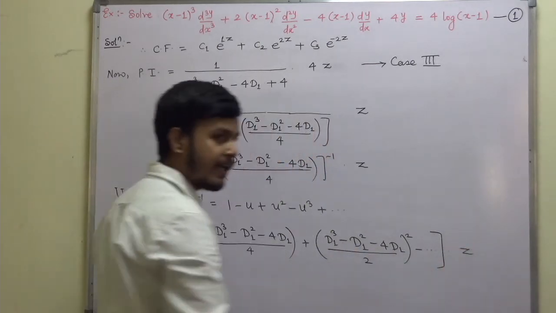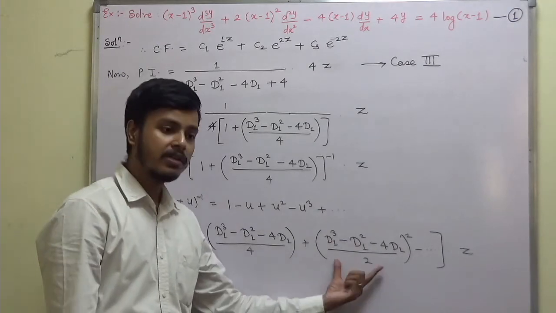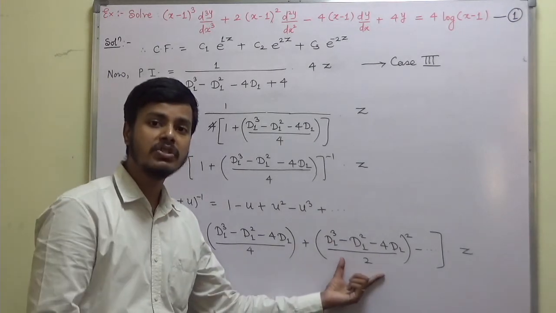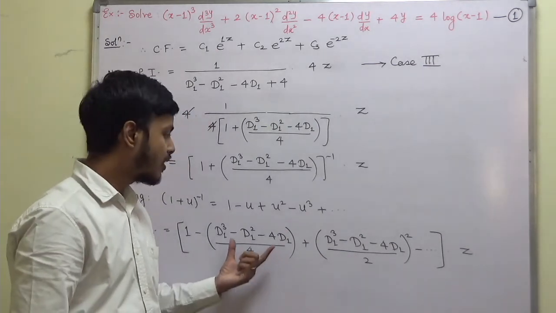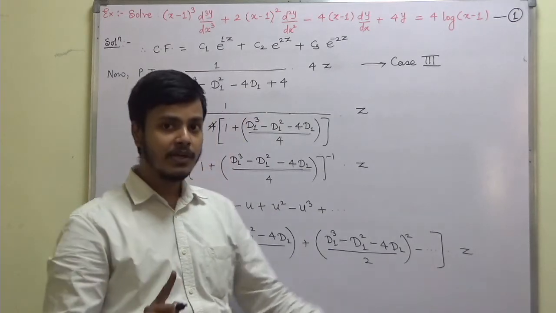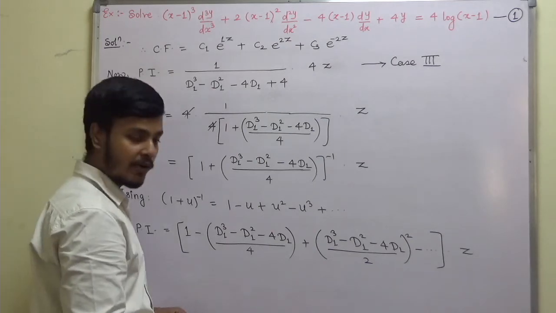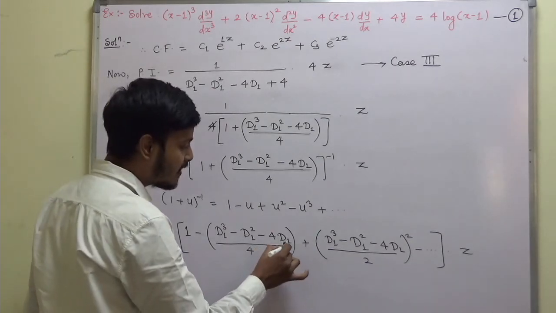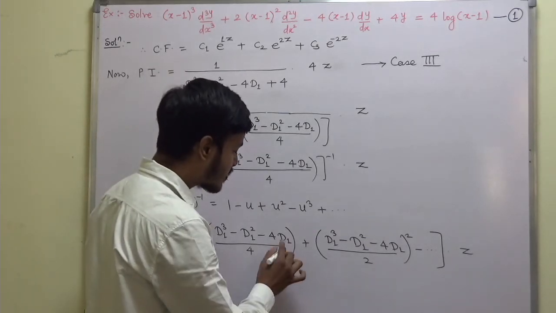Now let me tell you one thing: don't write more terms of the expansion. Why? Because we have to operate this expansion on z, and here we have z to the power 1. So of all these quantities, only one derivative will contribute.